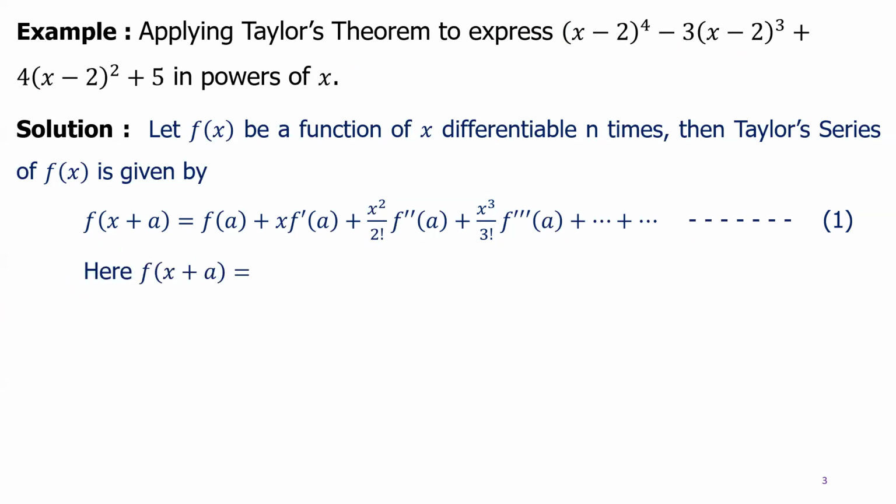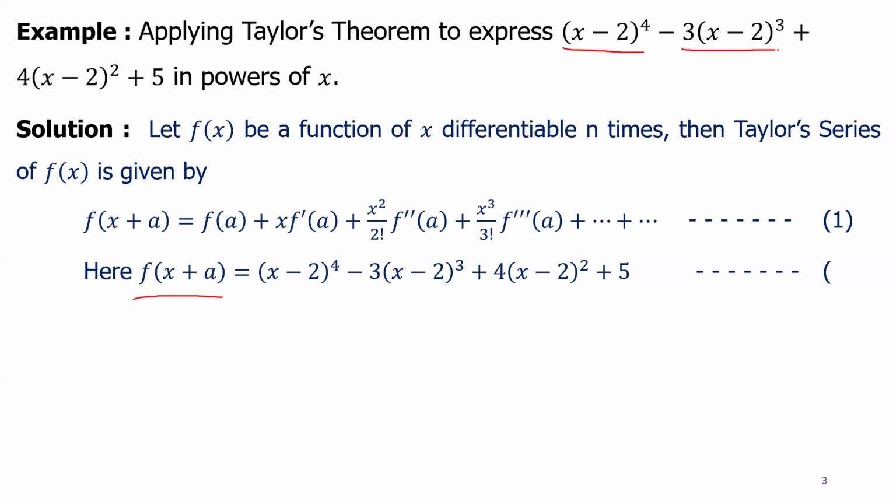Here f(x + a) is given by (x - 2)⁴ - 3(x - 2)³ + 4(x - 2)² + 5. If we compare this, x + a is nothing but x - 2.